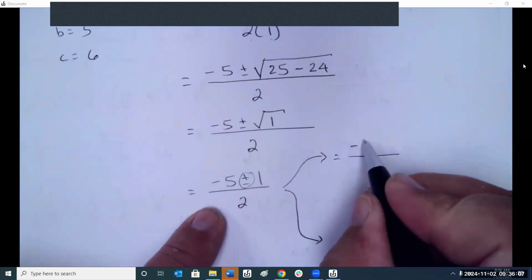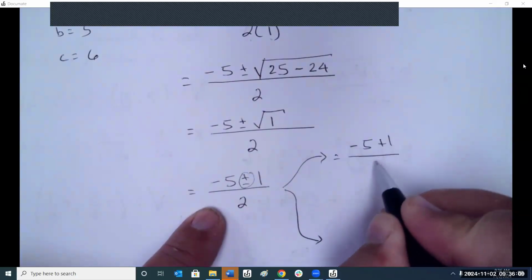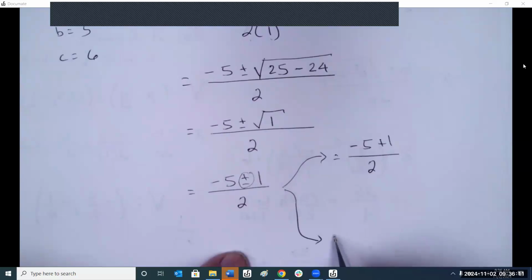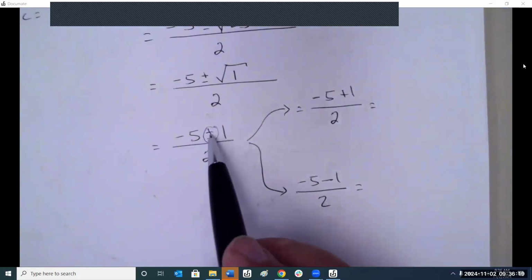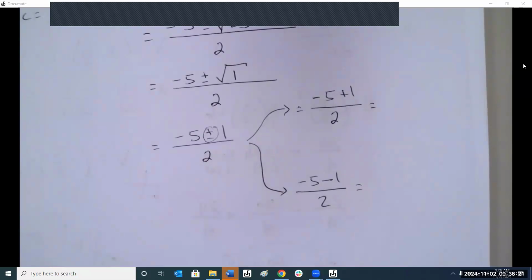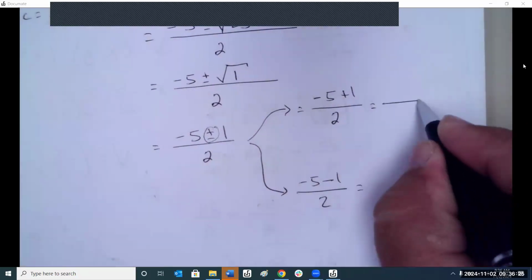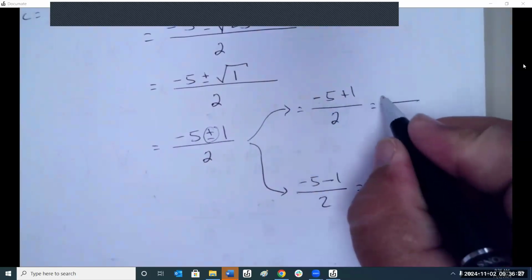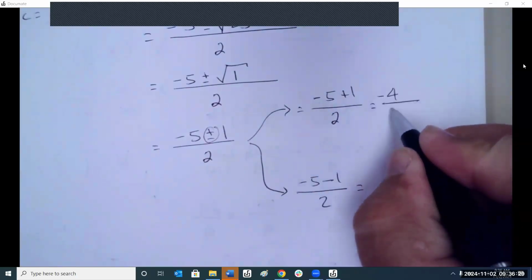So we have negative 5 plus 1 over 2, negative 5 minus 1 over 2. This plus minus says we have to take both signs, one the positive, one the negative. Negative 5 plus 1 is negative 4.